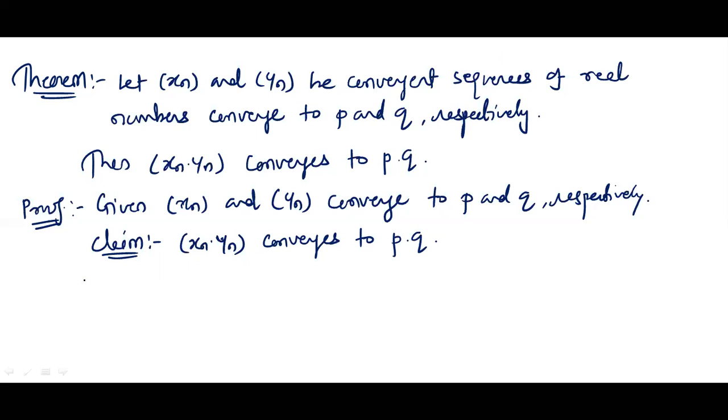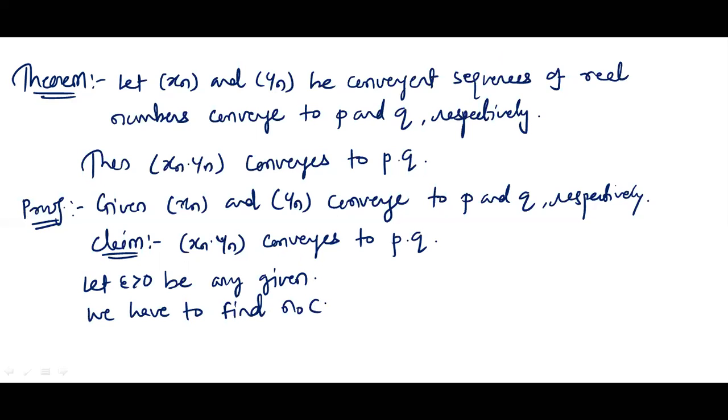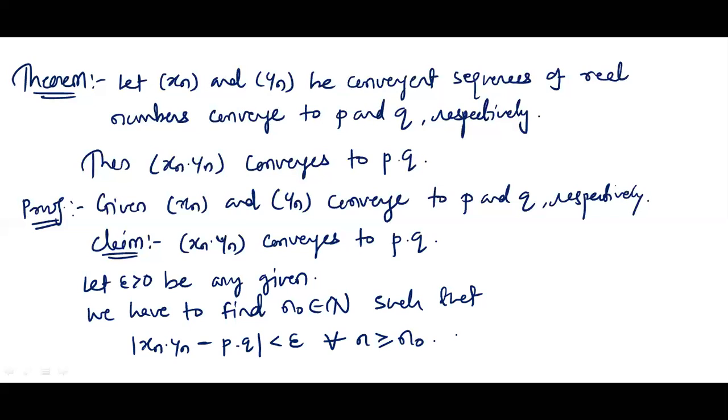Okay. Let epsilon greater than 0 be any given positive real number. To prove the claim, we have to find a natural number n naught such that mod of xn into yn minus p into q is less than epsilon for all n greater equal n naught. Okay.